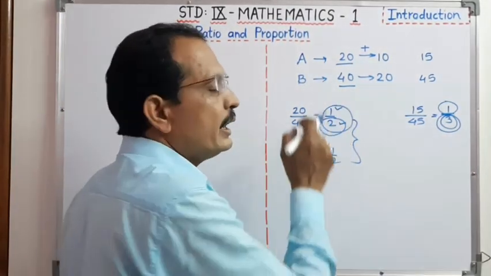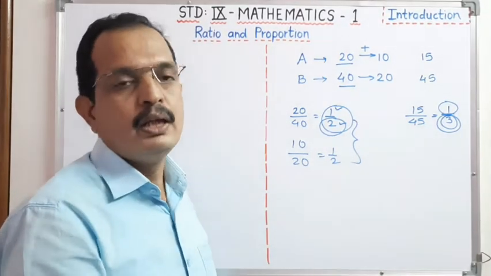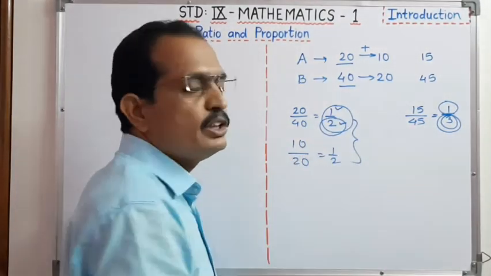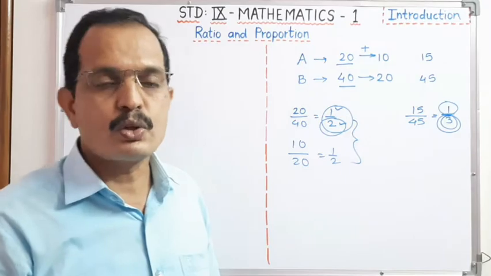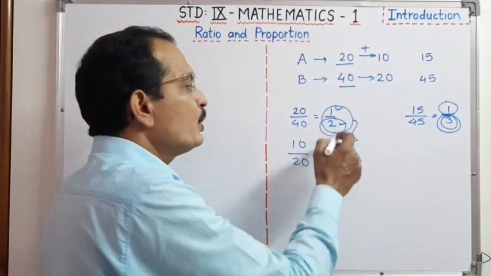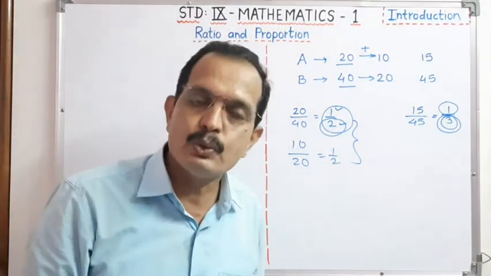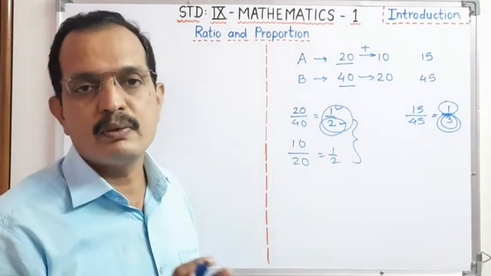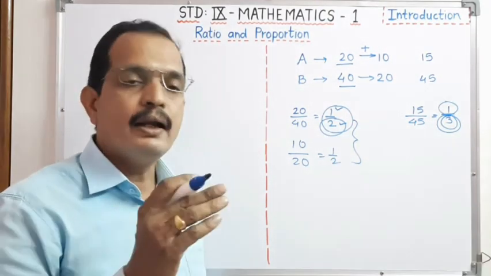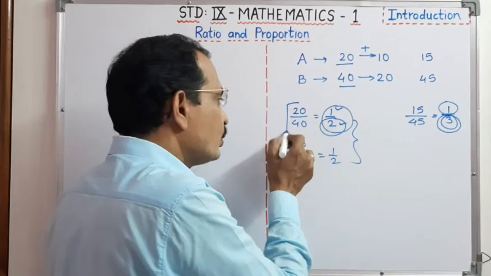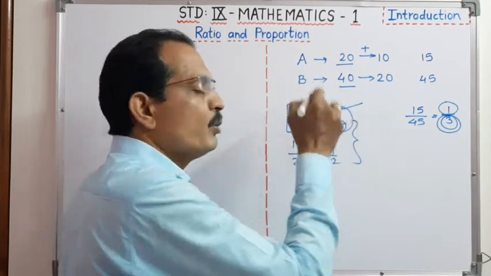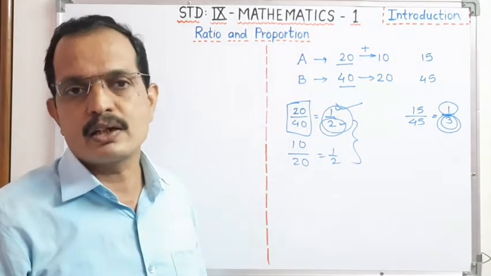Got it? And here A got half the marks of B. This type of comparison is known as a ratio. In short, dear students, if we have to find the comparison between two things, we have to do a simple division of the two quantities, and after doing the division, we get a simple form, and that simple form is known as a ratio.